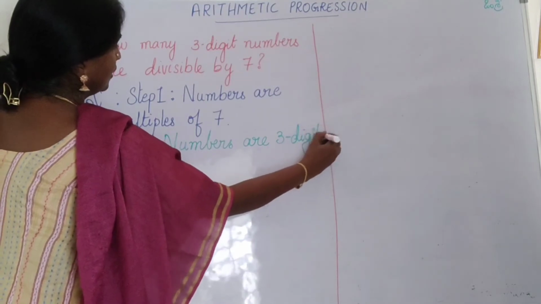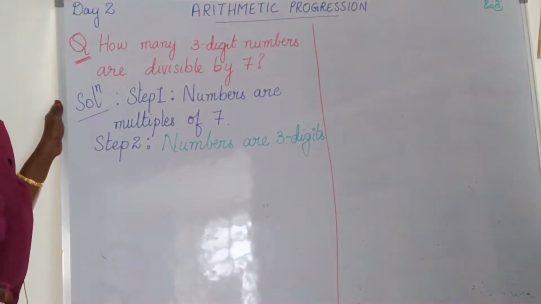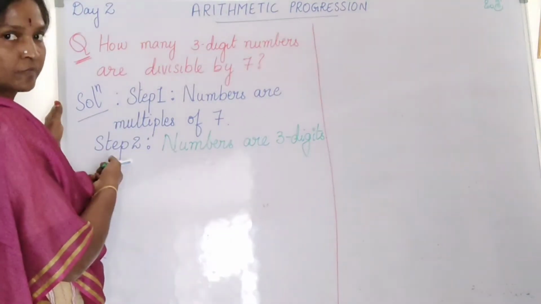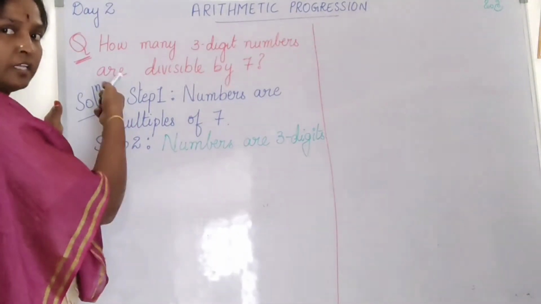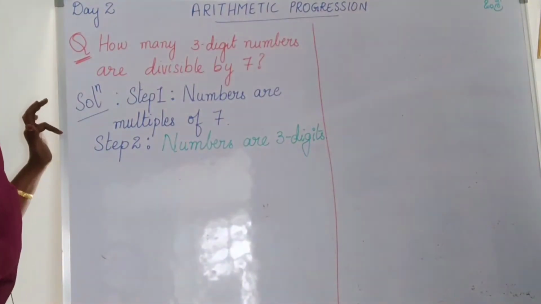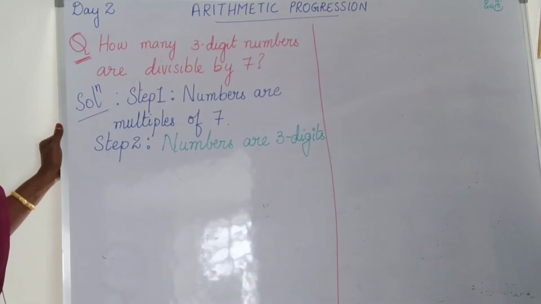These are the two pieces of data given in the problem. Now using these two, we need to find the solution for the given problem.